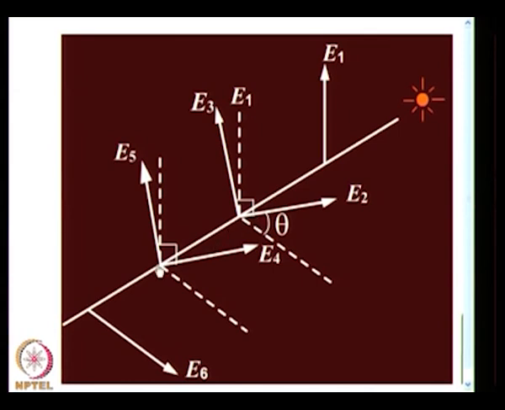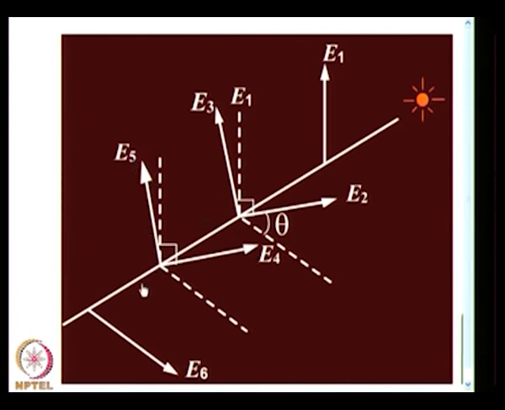For clarity, these are shown apart, and at the incident plane I will have two axes. We will label them as E2 and E3. They are essentially the slow and fast axes at the entry point, and these axes will remain because I am looking at a two dimensional model. Essentially it is a plane. For convenience, we have some finite thickness. For clarity, this is shown enlarged. So, you will have two axes E4 and E5.